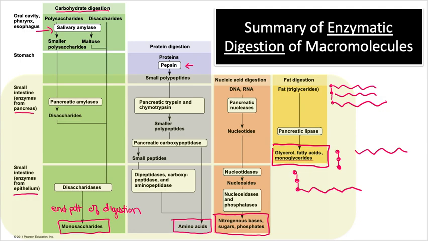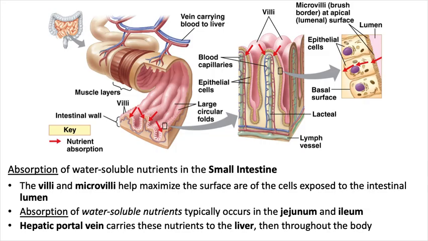Okay. All right, so in the small intestine, once the digestion is complete, the nutrients that are water soluble, the amino acids, the nitrogenous bases, the phosphate group, the 5-carbon sugars, and the monosaccharides, all of those water-soluble nutrients will get absorbed into the bloodstream.